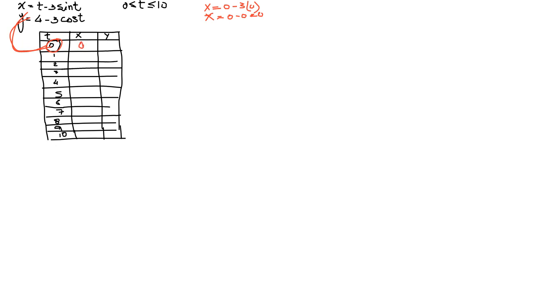Okay, now put 0 in y. So y is equal to what? 4 minus 3 cosine of 0. Cosine of 0 is equal to what? Anybody? One. So this is equal to 1.